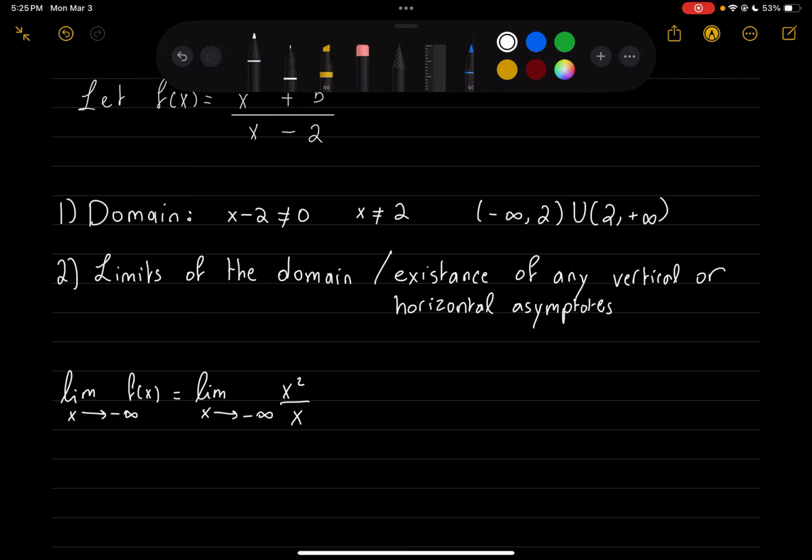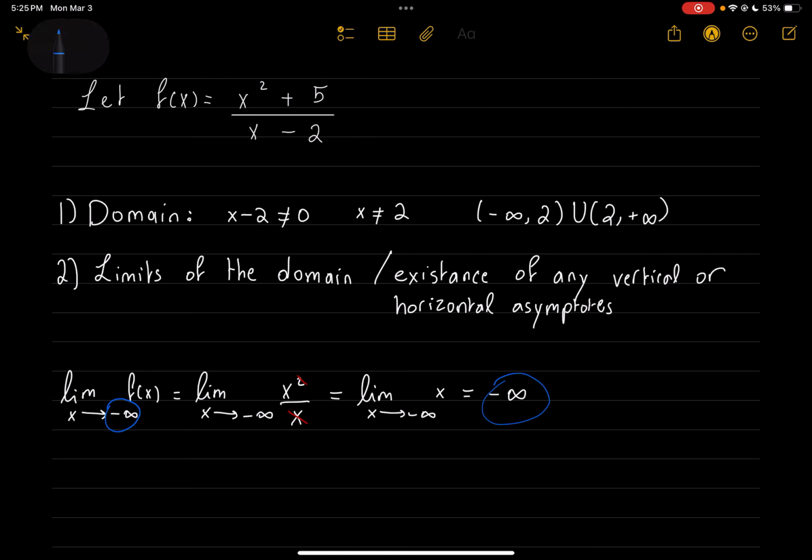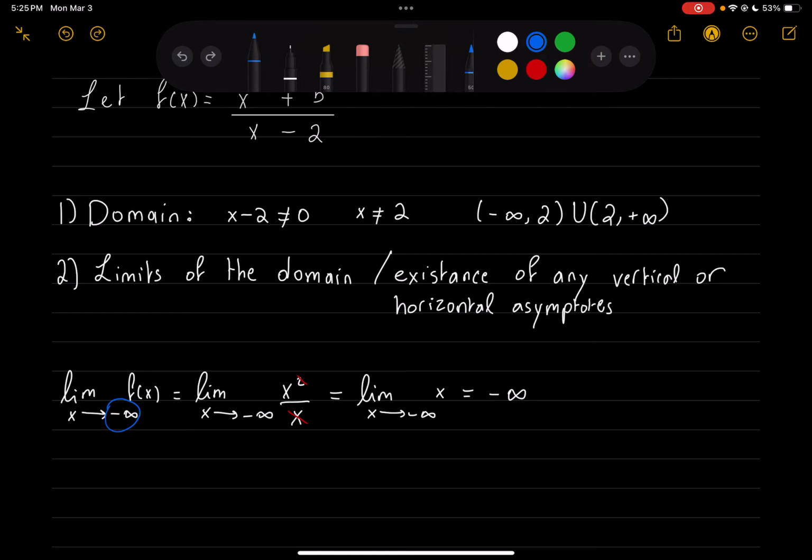I can cross out one x, and this leaves me with the limit as x goes to negative infinity of x, which is negative infinity. Since I'm going to the infinity side, I am testing the existence of a horizontal asymptote. But since the answer is negative infinity and not a constant, there's no horizontal asymptote here.